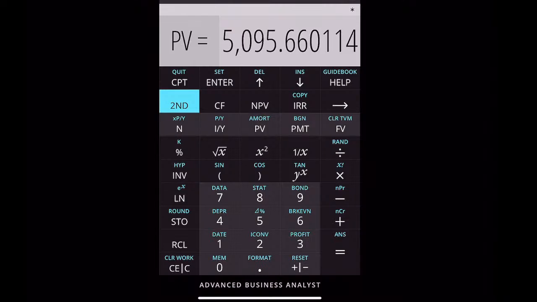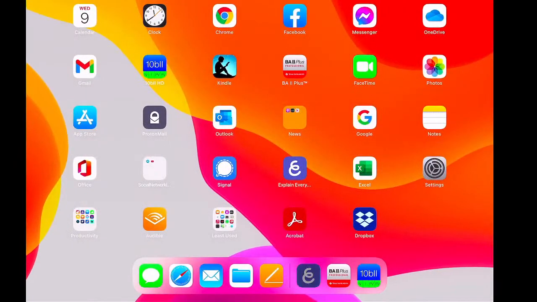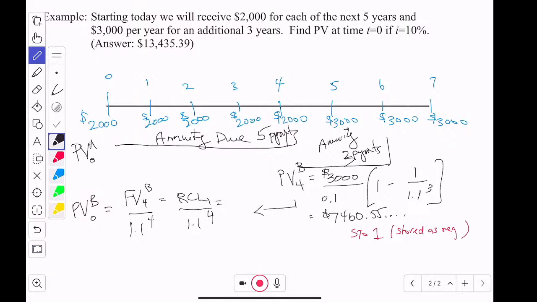So 509,566. Store 2. Did I do that correctly? Store is positive.